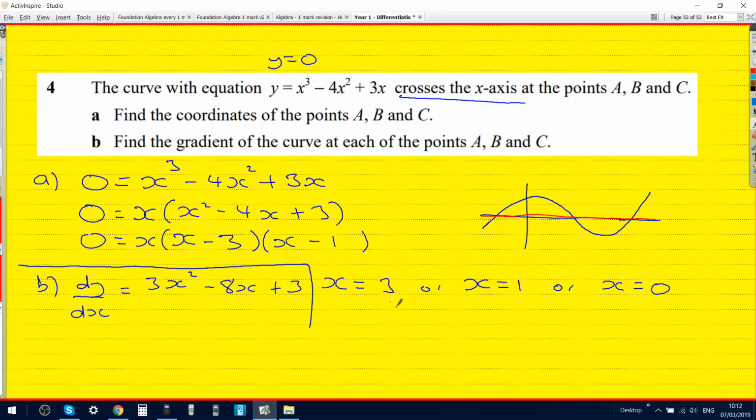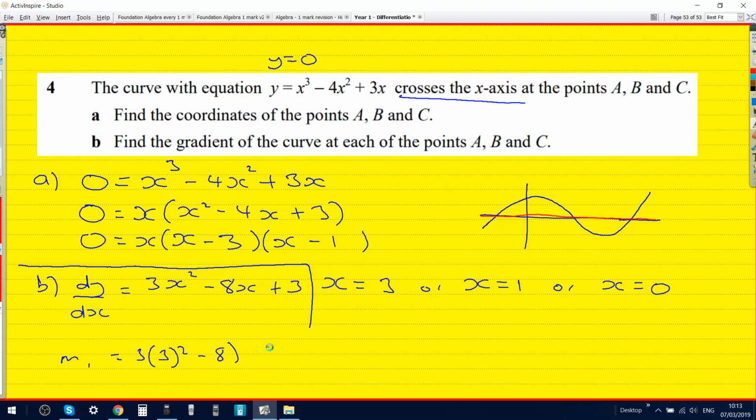And they said find the gradient at those points for part B. So how would you do that? Put each of those into the equation. Yeah, so you'd do that for all 3 and you'd get all 3 answers.